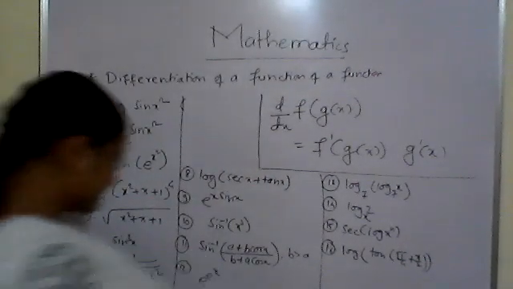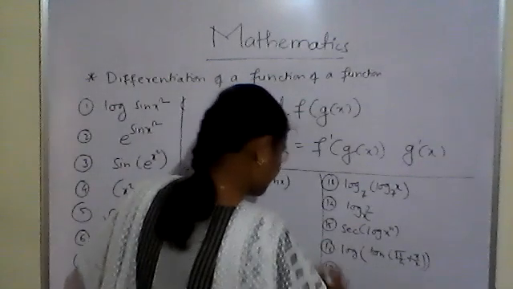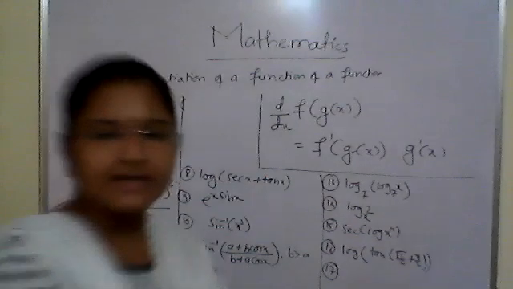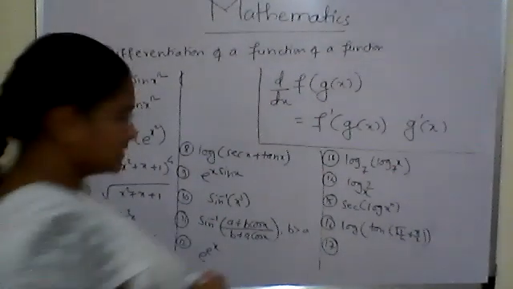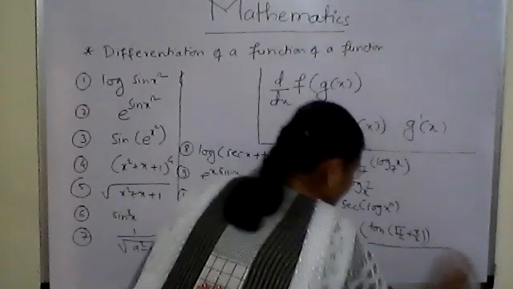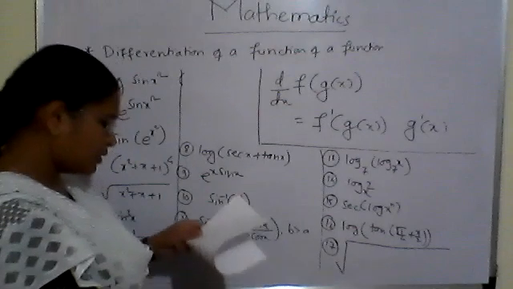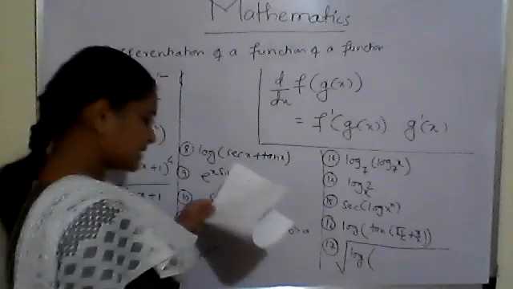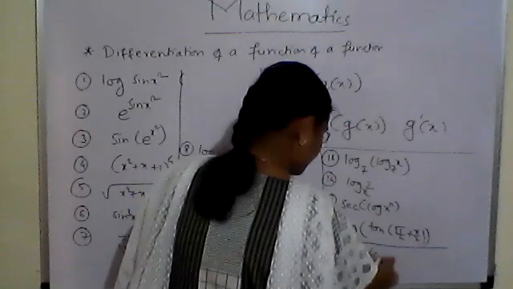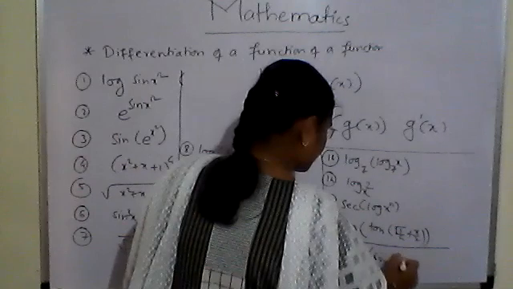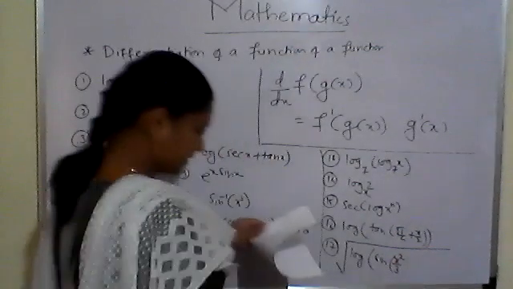The last one, 17, square root of log of sine of (x square by 3 minus 1).